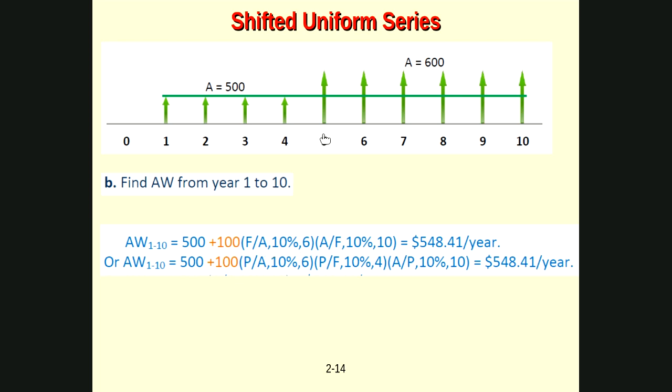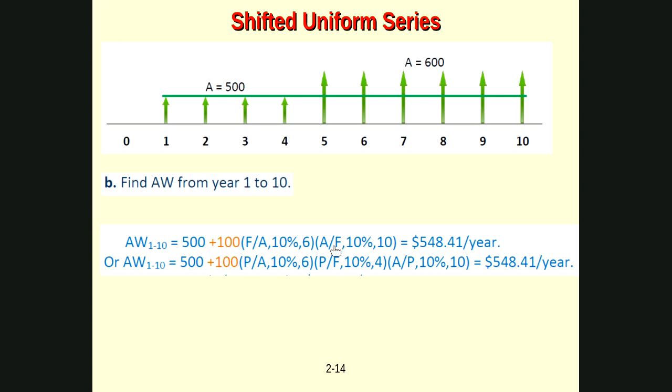So he moved the value of the 100 from years 5, 6, 7, 8, 9, 10, and he moved them all together at year 10. Okay? And then he converted from this year to annual from 1 to 10 using A given F.